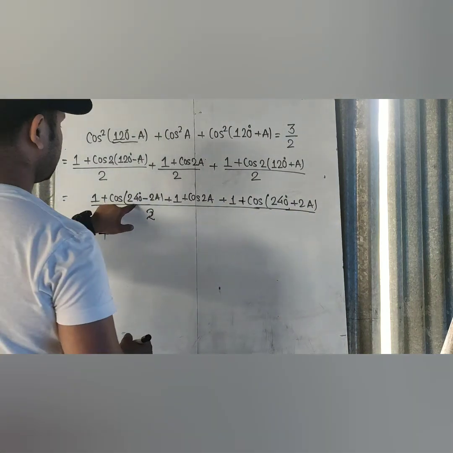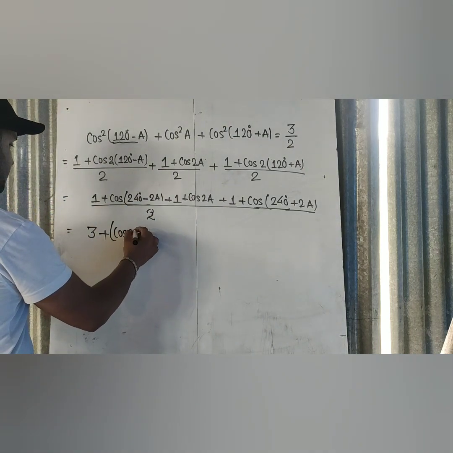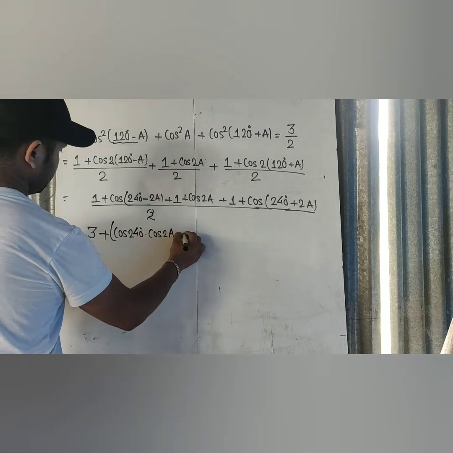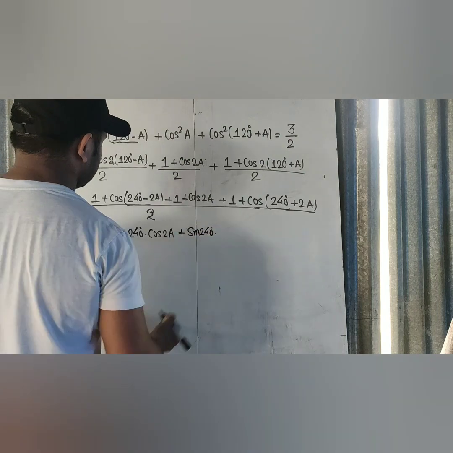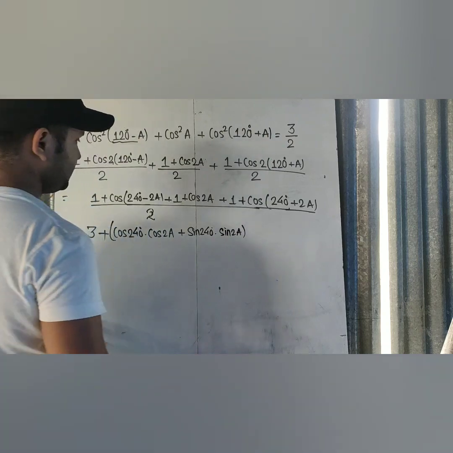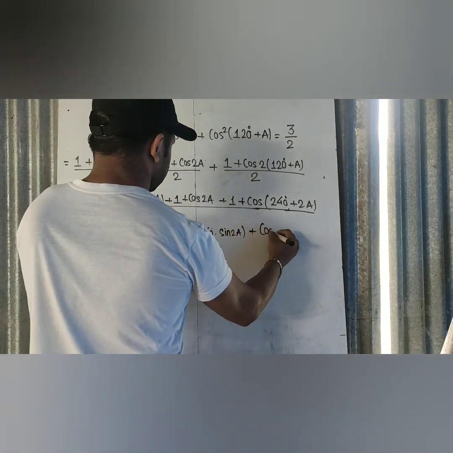Now we can apply formula here, cos a minus b. Cos a minus b is cos a into cos b plus sin a into sin b. 1 has already gone there. Now what you have left here is cos 2a.